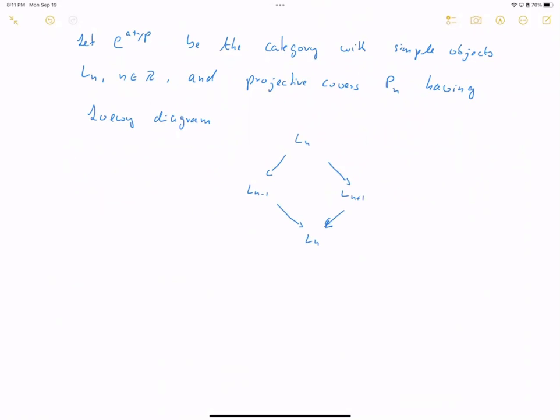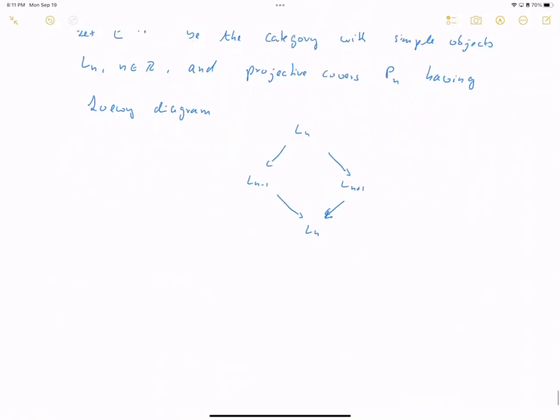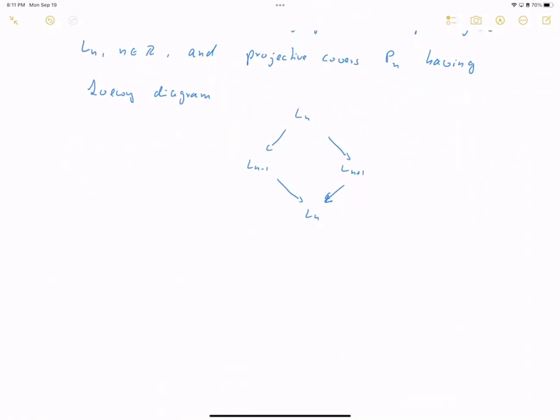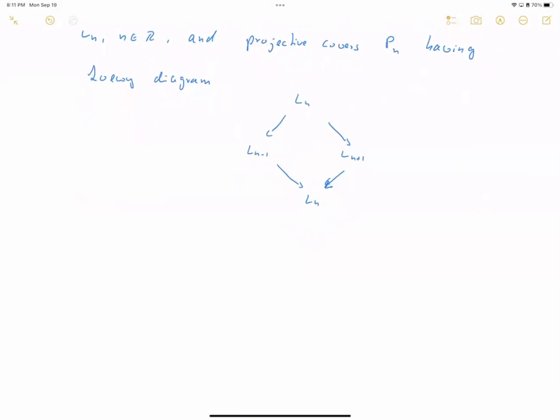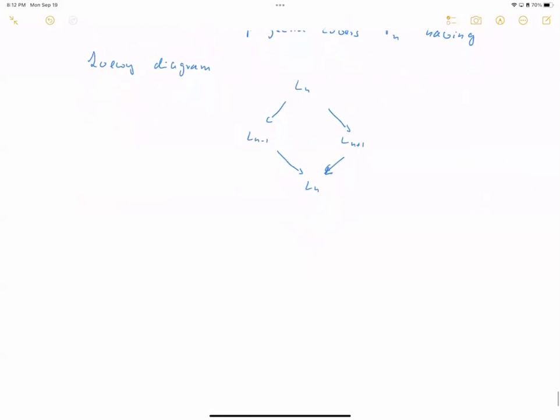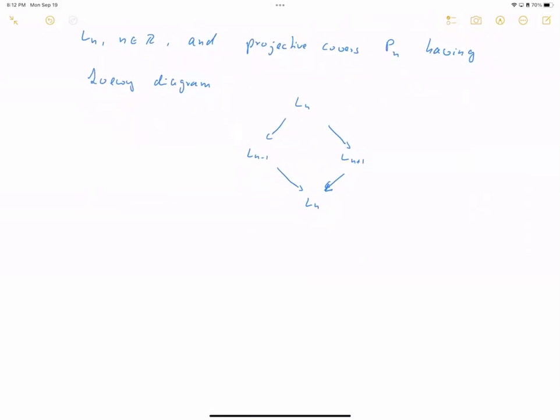It has 3 more composition factors, so 4 composition factors together. If you quotient by the simple module, then that quotient has Ln minus 1 and Ln plus 1, these two modules as semi-simple submodule. If you quotient again, you get Ln back. So it has this Loewy diagram, and then by the typical category, we just mean Vect, the semi-simple category with a single simple object.